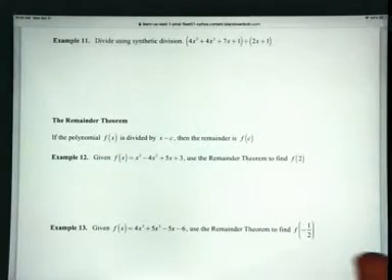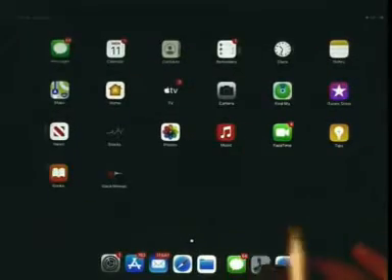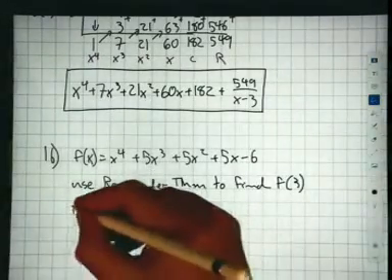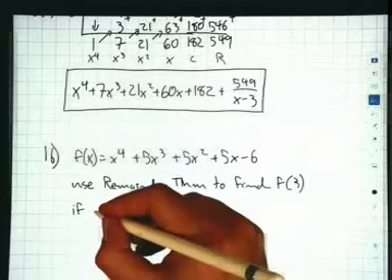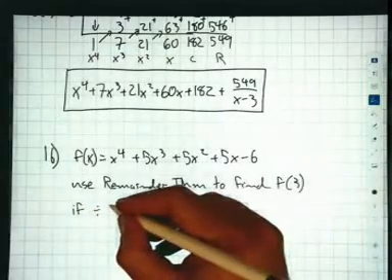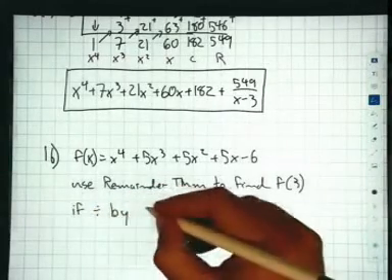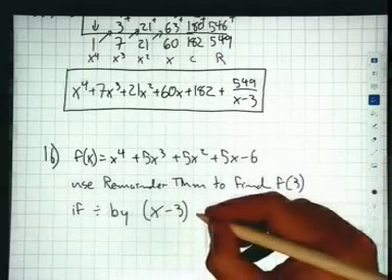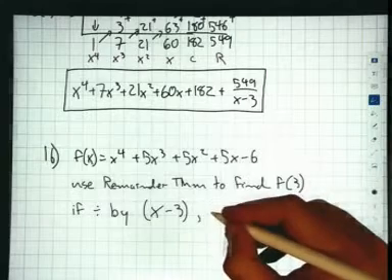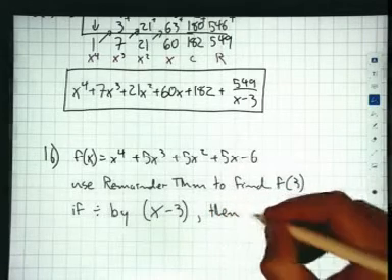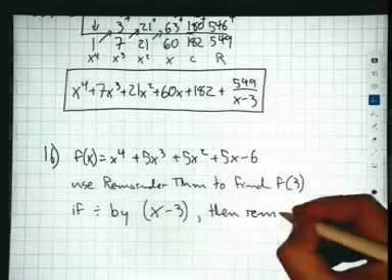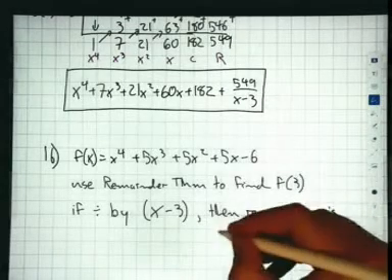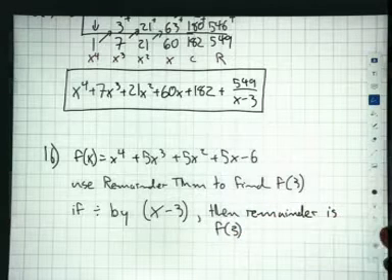So here's the idea: if we divide by x minus 3, then the remainder is f at 3.